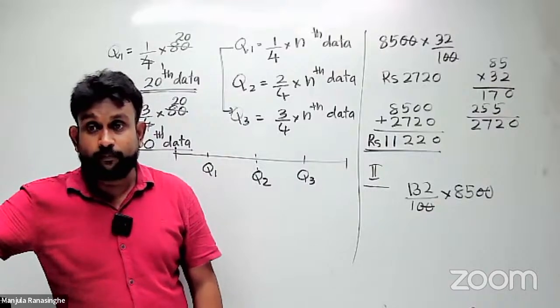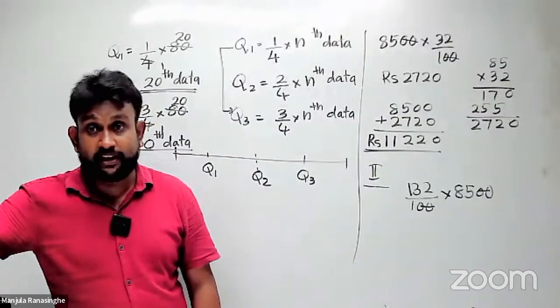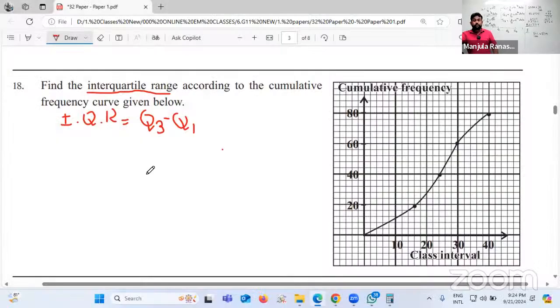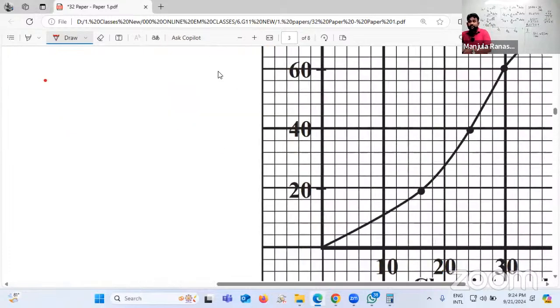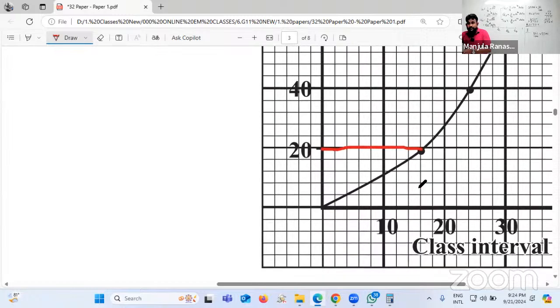This is a question also asked in Part B of paper 1. So we found the Q1 position, the 20th data. How to find the 20th data in the graph? Take 20 on the cumulative frequency axis, connect it to the graph, and then connect that down to the x-axis. So this is Q1.